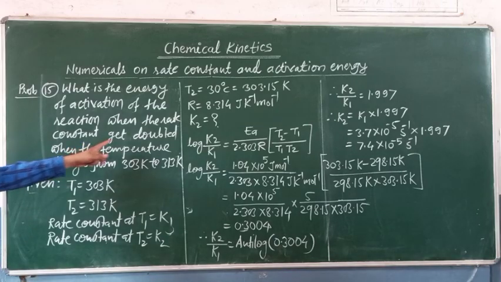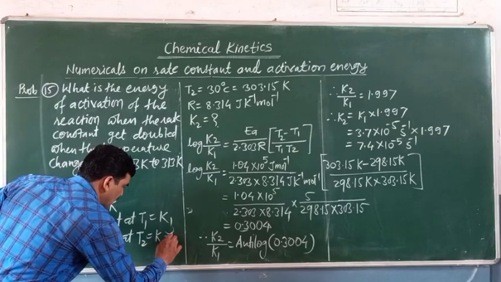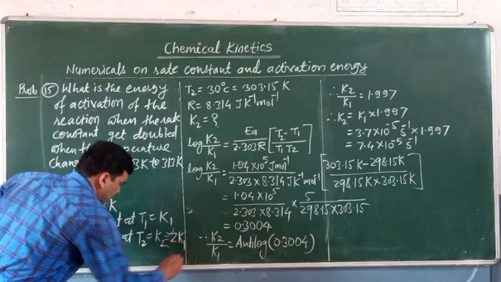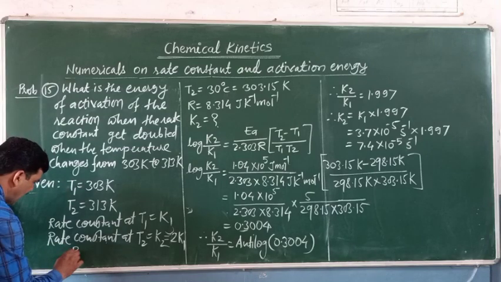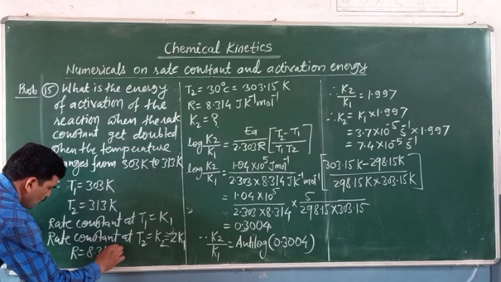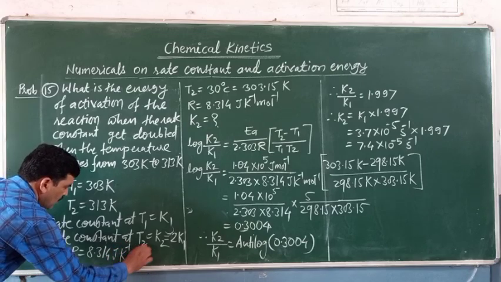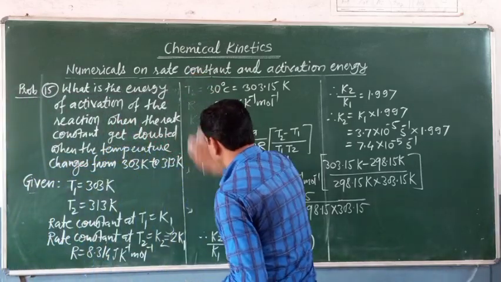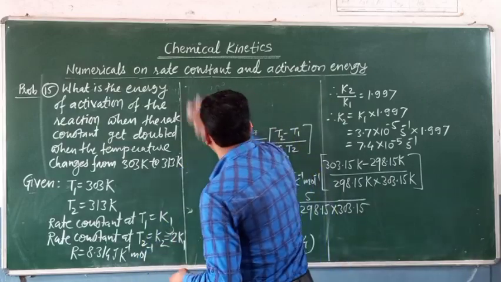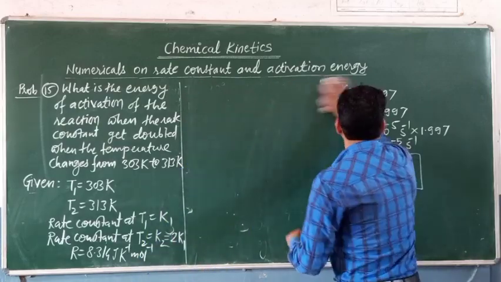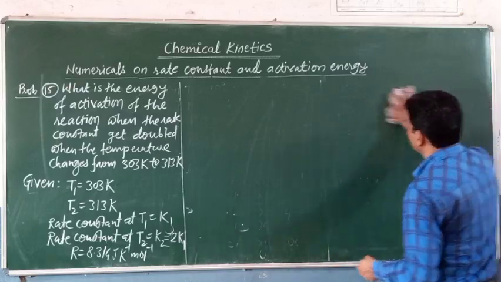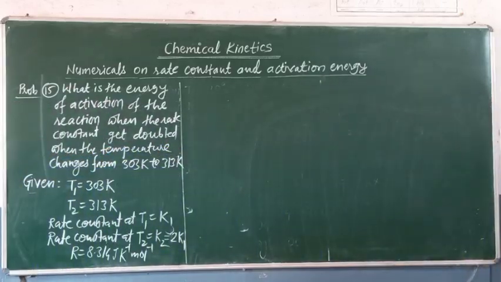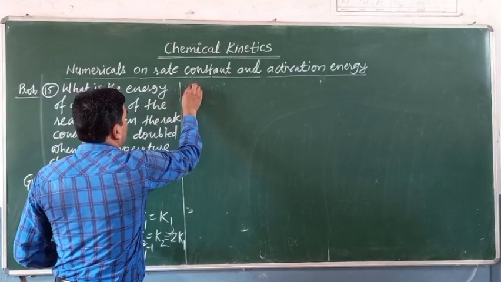But here it is said that the rate constant gets doubled, meaning the value of K2 is twice of K1. It is 2 times K1, and R is 8.314 joule per Kelvin per mole. So here we have to evaluate the activation energy of the reaction.